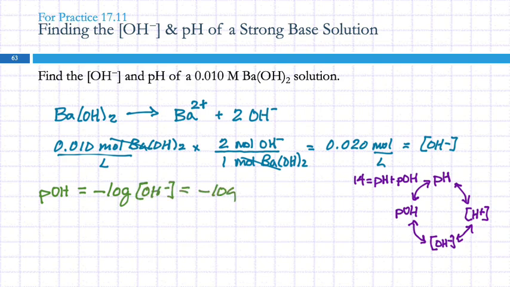So the negative log of 0.020 is 1.69897. Remember to always write a couple more digits than you think you need.